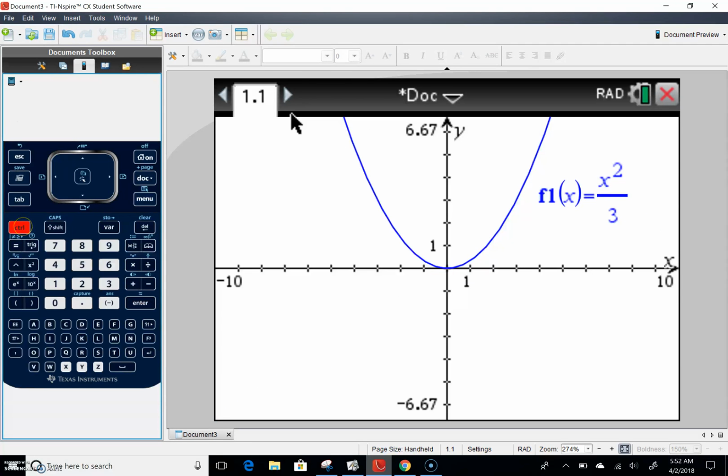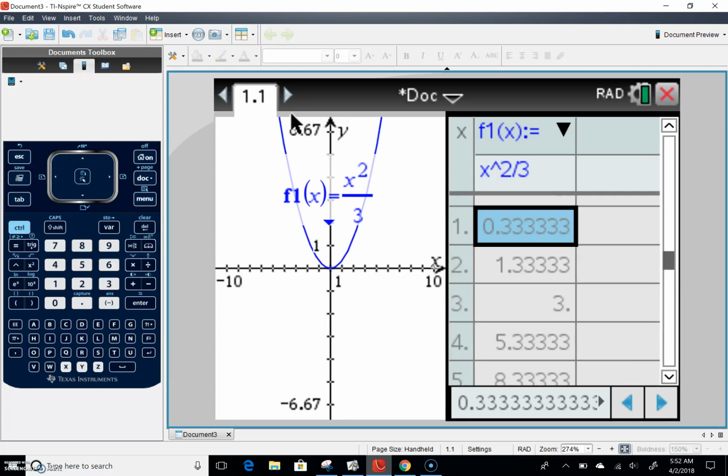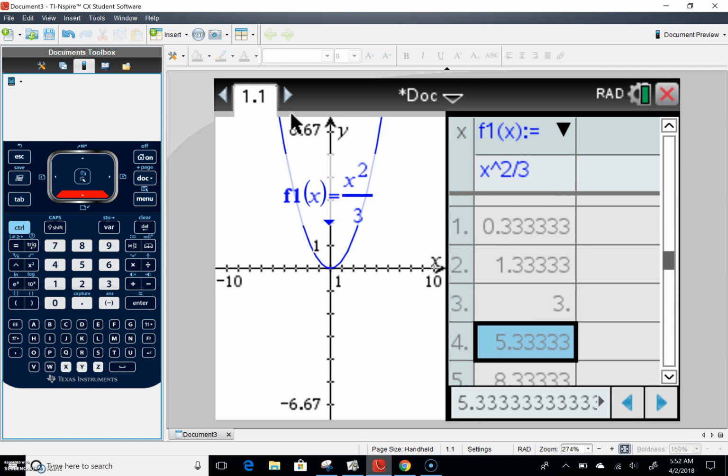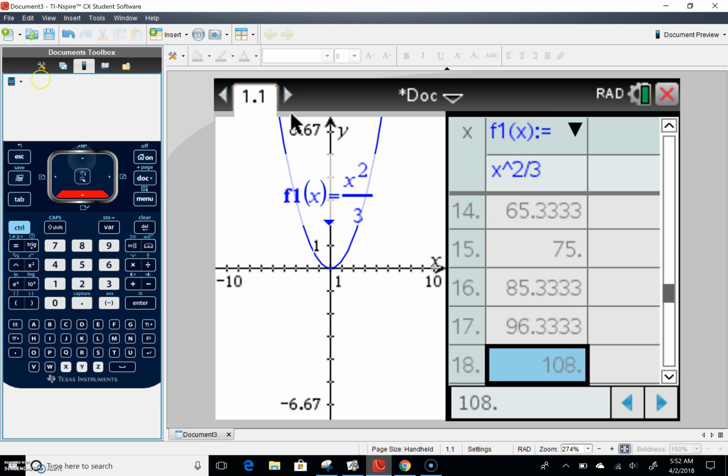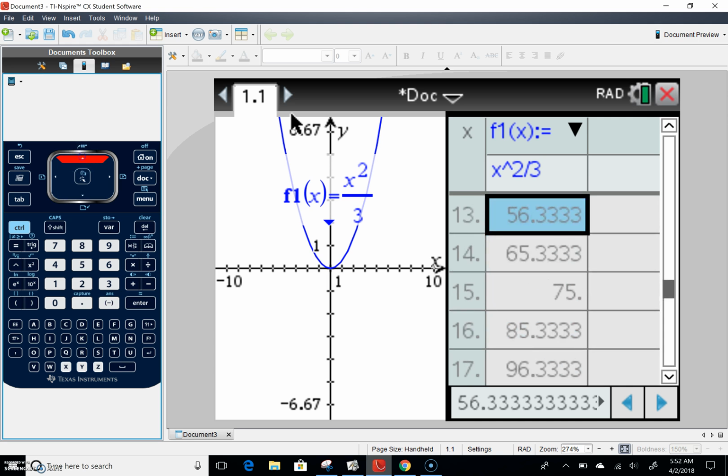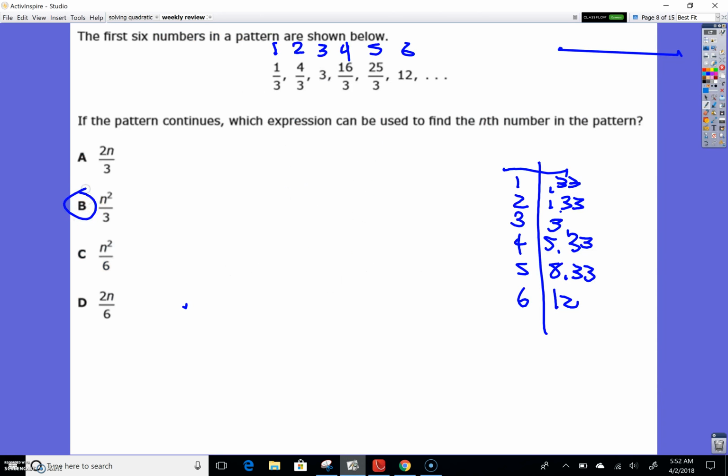Okay, Control T. 0.33, 1.33. This looks good. I went a little faster, but as you can see, it looks good. So we go to the next one.